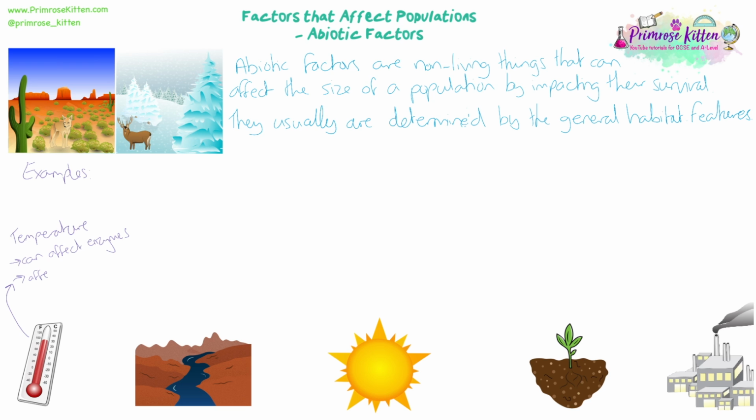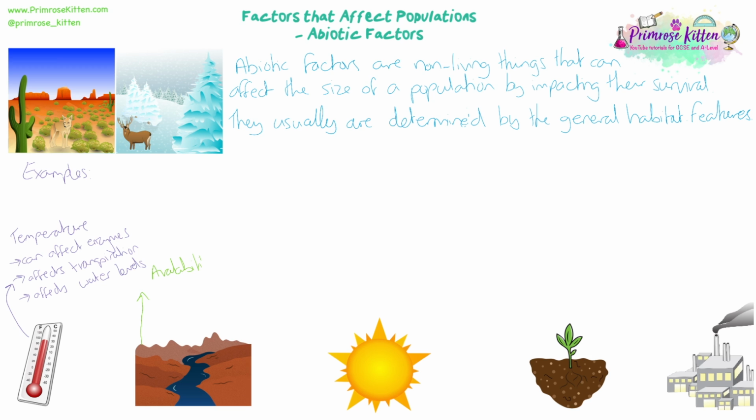If there's a high temperature, water evaporates faster, so there's likely to be less water available. It affects transpiration. So plants will be losing more water in hot environments because of, again, the rate of evaporation. And all of that can therefore affect plants and animals.